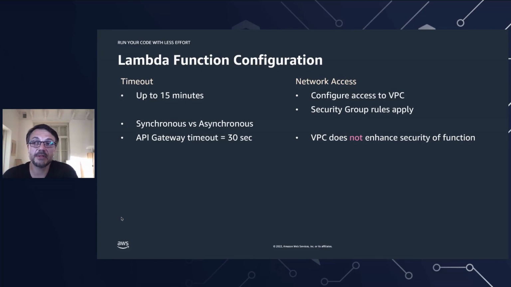And sometimes if you need your function to access additional resources within your VPC, you can attach it to a particular VPC and configure this VPC connection. And then you will need to provide some security group rules, just to restrict and provide the necessary access.